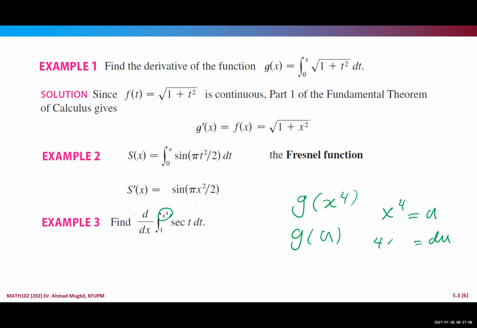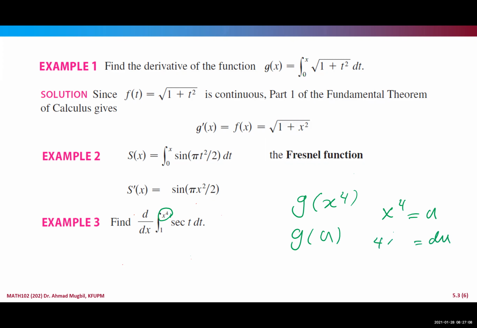Now to differentiate, when you have a function of u, let's call it g because I don't want to confuse you, to differentiate it with respect to x, you need to differentiate first with respect to u, then differentiate u with respect to x. This is the chain rule. So we will keep this as it is, the same as the function, but we multiply by the derivative of u.